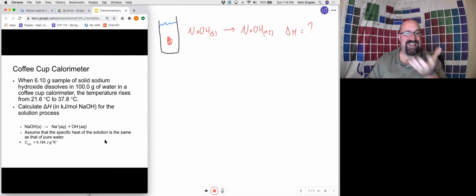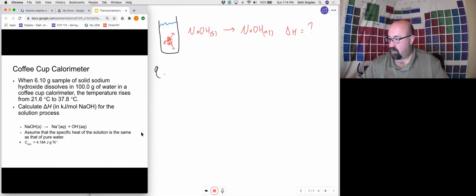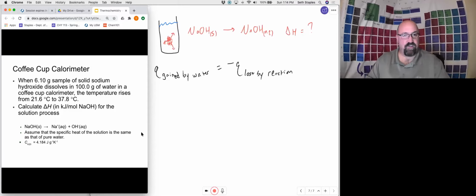And we want to calculate our delta H. The temperature of the water is rising, so that tells us that it's an exothermic process. Energy is going from our reaction out into the water, raising the temperature. And so we know then, just like we've been talking about, that the Q gained by the water is equal and opposite to the energy lost by the reaction.